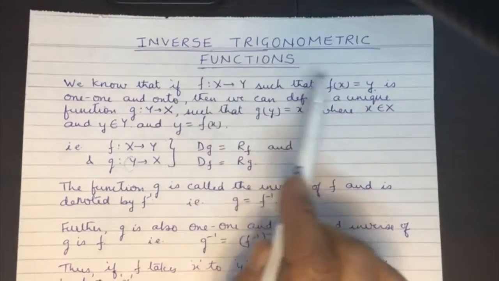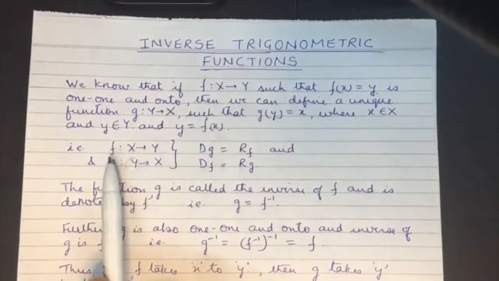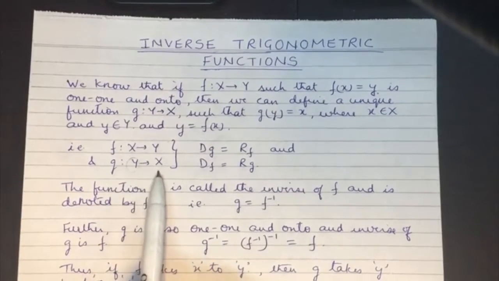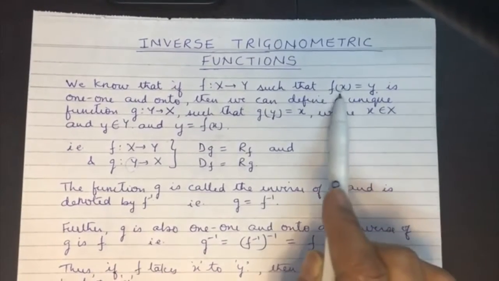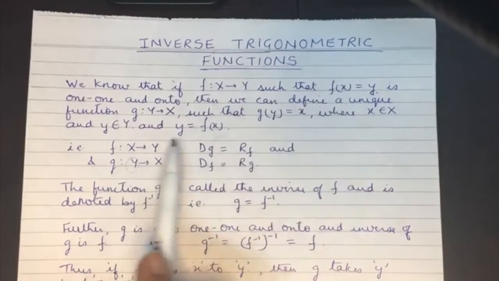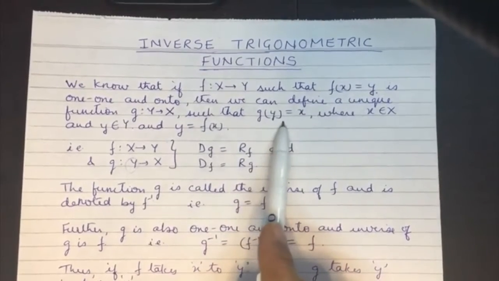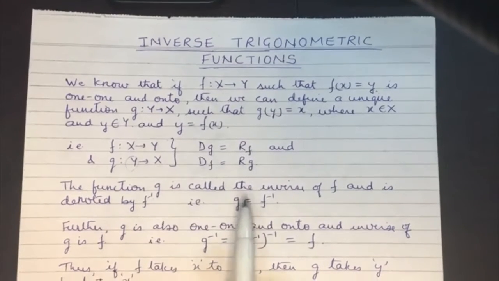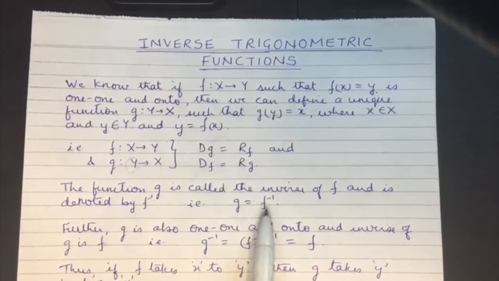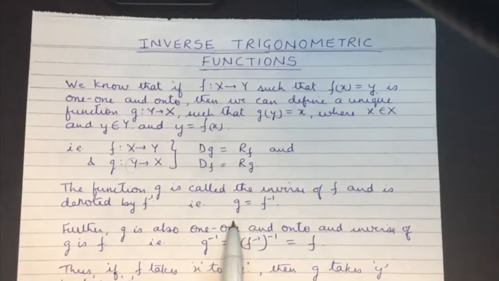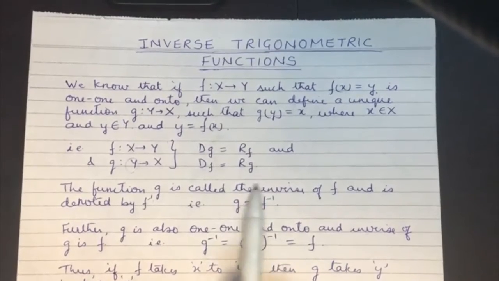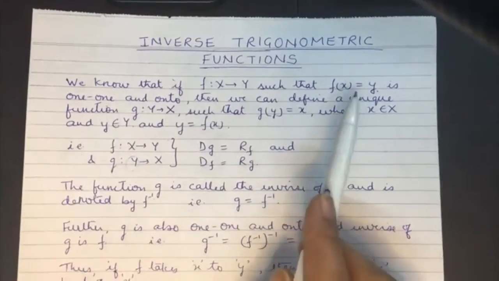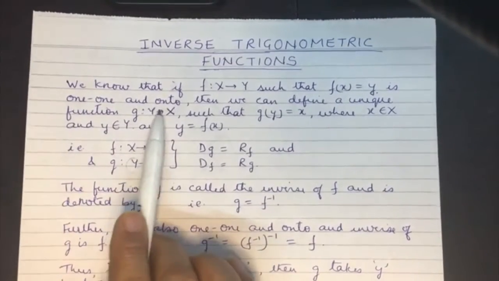That in such a scenario where f is a function from X to Y and g is a function from Y to X, such that f(x) equals y and g(y) equals x, we observe that g is f inverse and f is g inverse, and this is possible only if both f and g are 1-1 and onto.